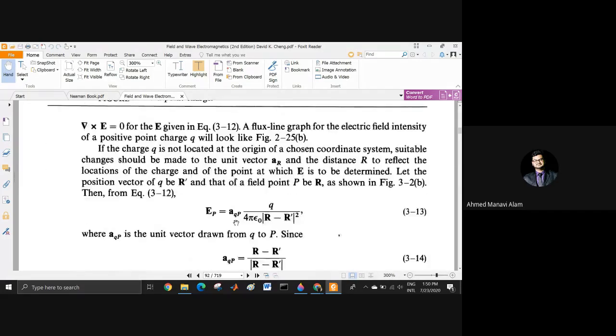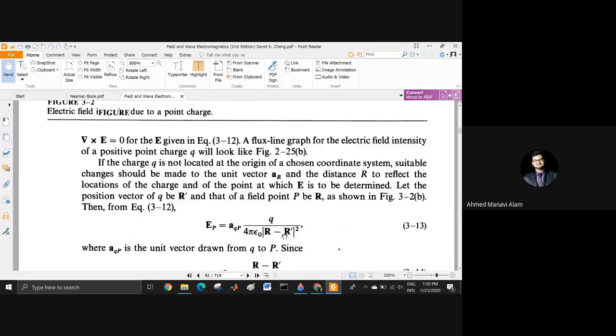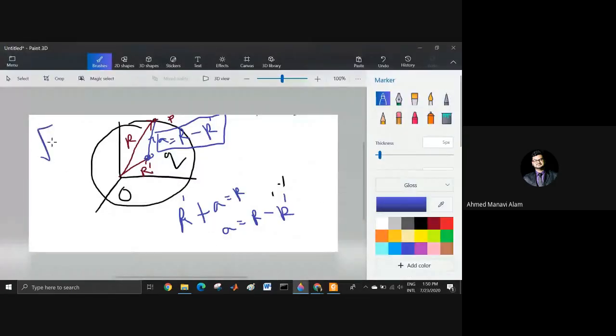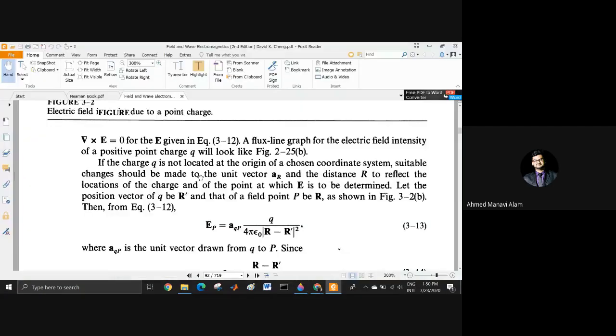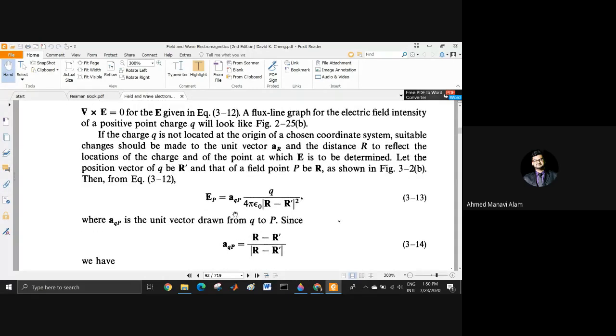Now, whenever you want to find the magnitude of any vector, you take the modulus sign. Like when you find the magnitude, for example root over 6 square plus 2 square plus 3 square. So this is the magnitude. I have taken the magnitude value, R minus R prime, squared. Now, this unit vector is not a conventional unit vector.